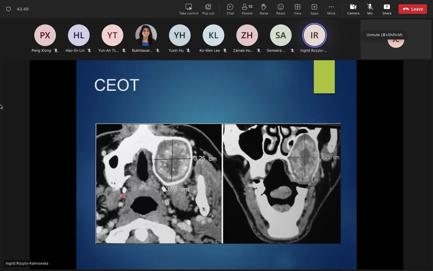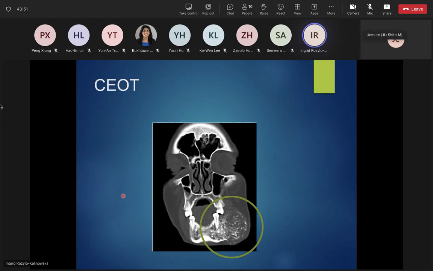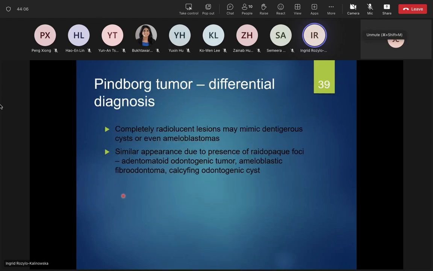This is also medical CT, and also a well visible lesion in the mandible on the left side in the coronal view. So for differential diagnosis, until the lesions are calcified, they have to be differentiated from many other radiolucent lesions.